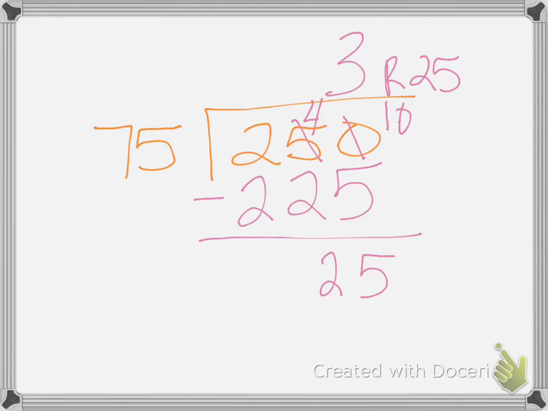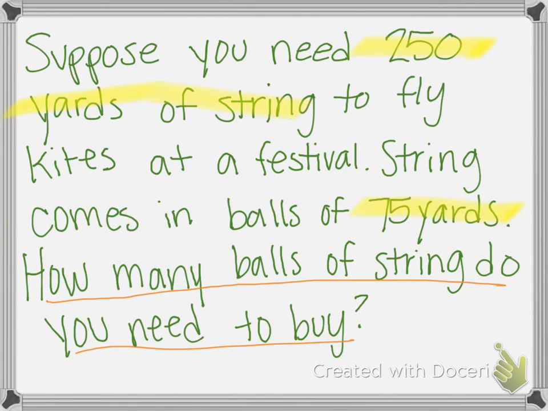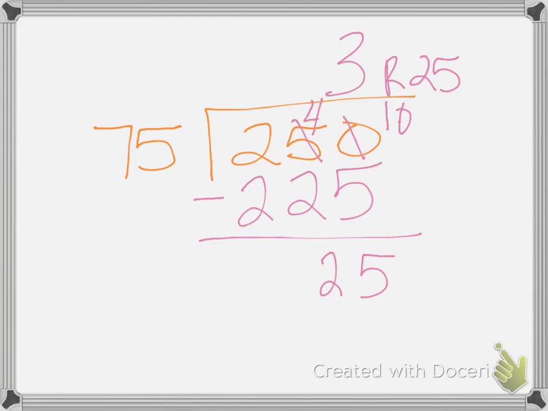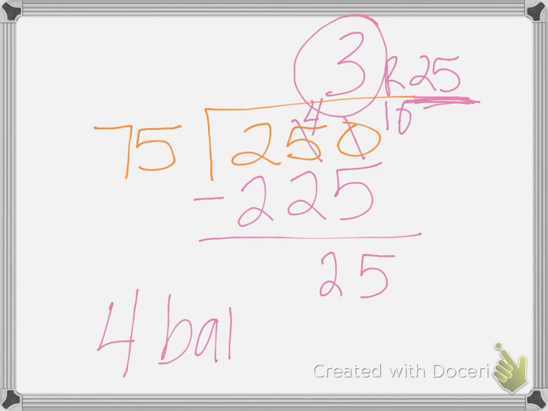So let's go back to our question. We want to know, how many balls of string do we need to buy? Well, we know for sure we need to buy 3, but here are some remaining strings. So you can't just buy 25 strings, so we're going to have to round this answer up to say, well, we need 4 balls of string.